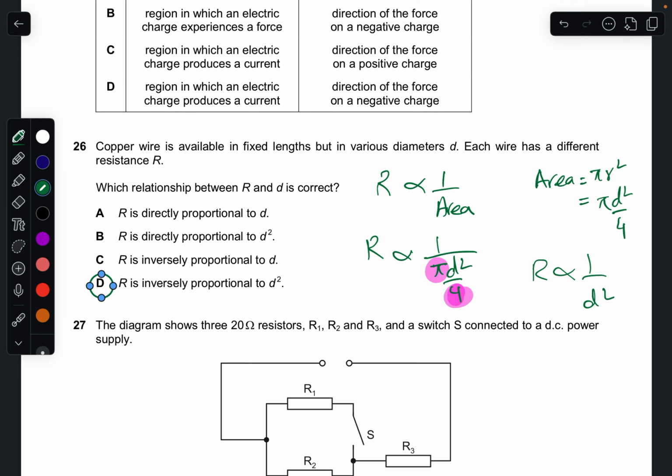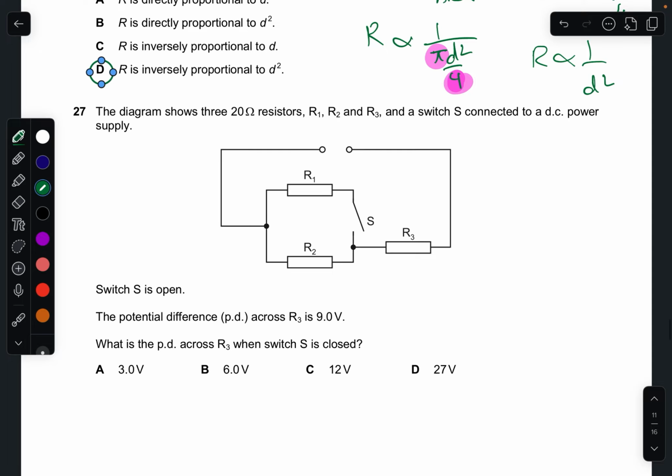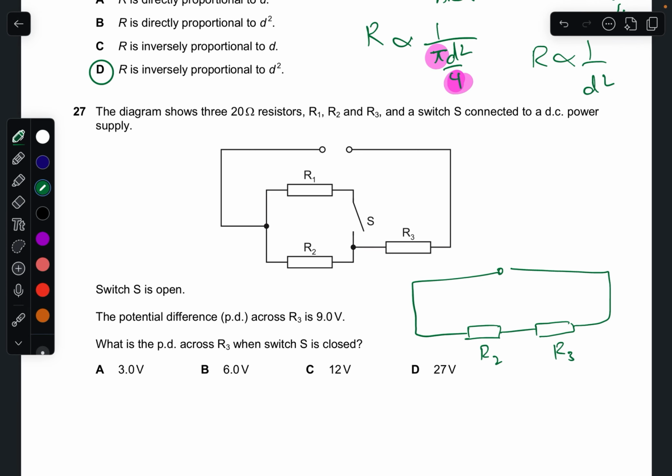D that is correct. In question 27, the diagram shows three 20 ohm resistors R1, R2, R3, and the switch S is open. The potential difference is 9 V. What is the potential difference across R3 when switch S is closed? When the switch is open, R1 will be ineffective, and the circuit has only R2 and R3.